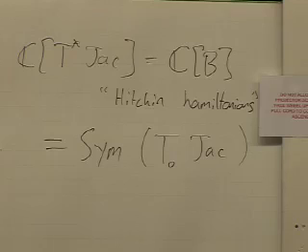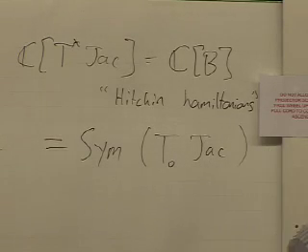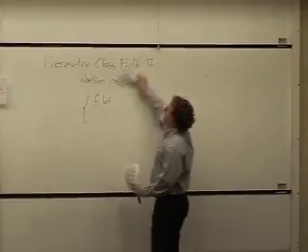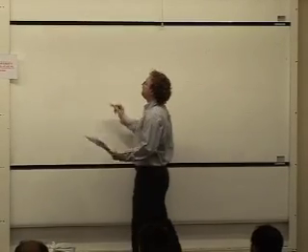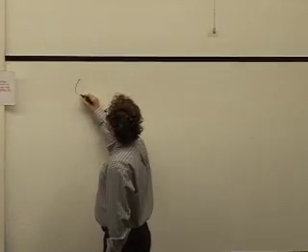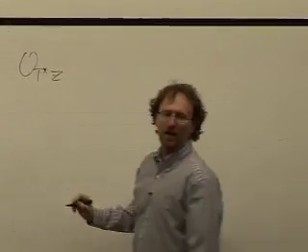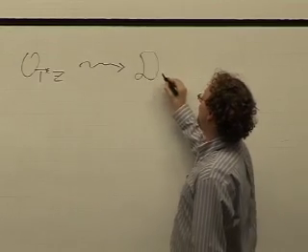But now it still seems to have nothing to do with flat line bundles. So far, there are no flat line bundles. What I'd like to do now is to deform this picture. So if you will recall from last time, functions on the cotangent bundle of some space have a natural deformation, which is differential operators on that space.